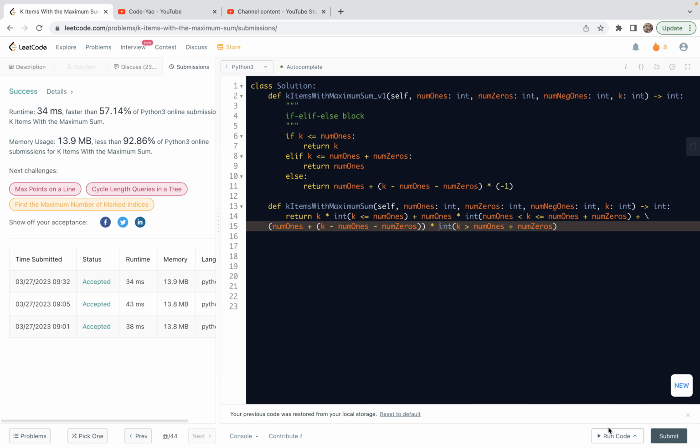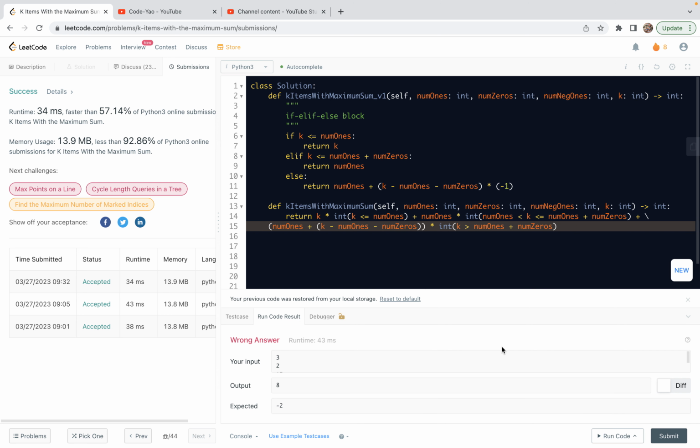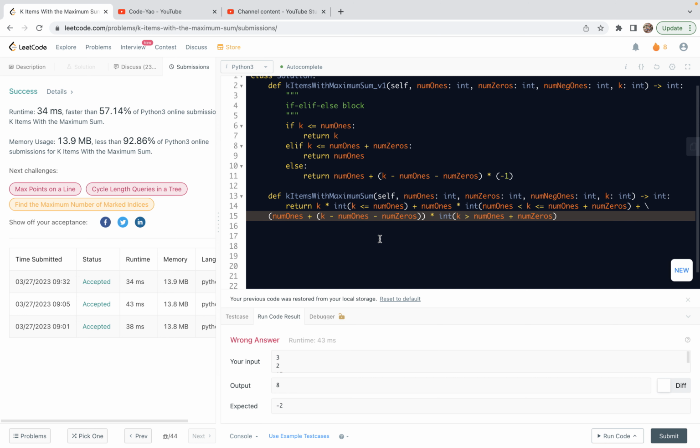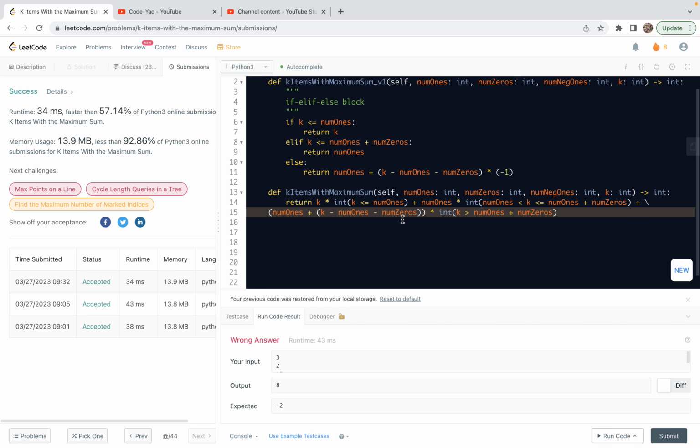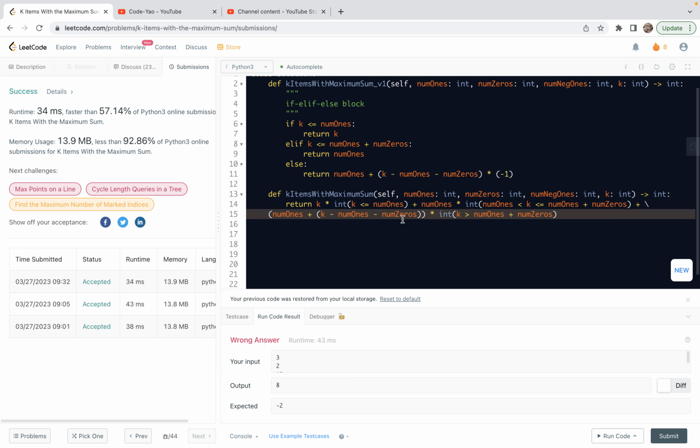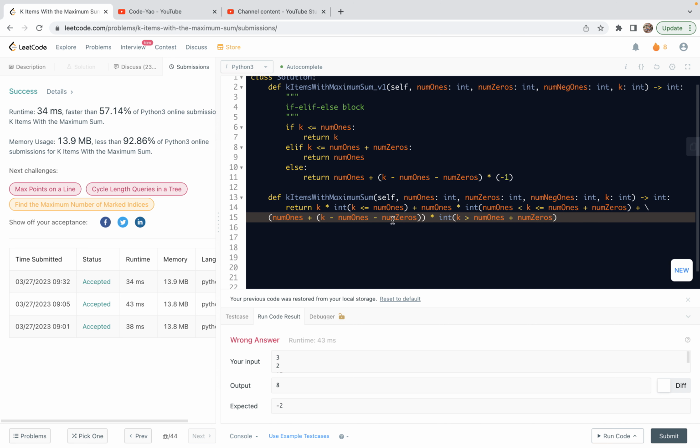So let's also test this one. Let's see, what's the problem here? So k is strictly larger than num1s plus num0s. Let's see, num1s plus k times this one.